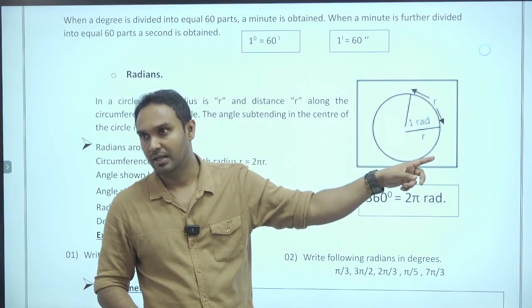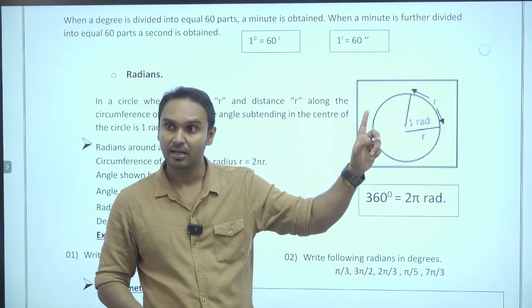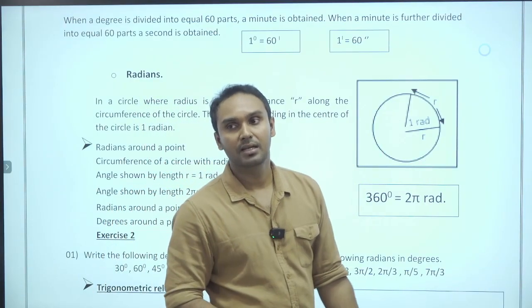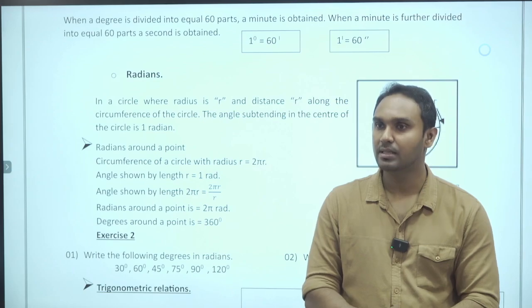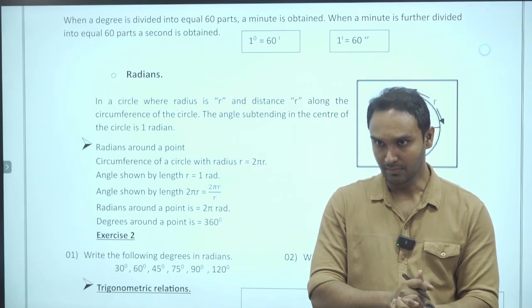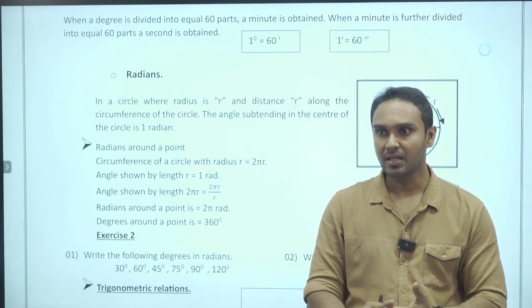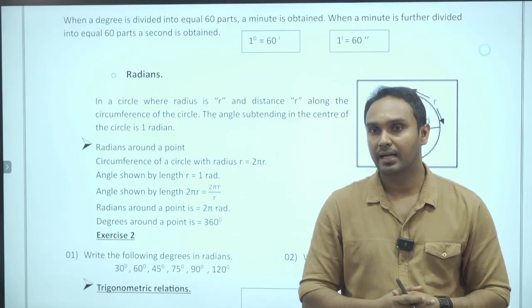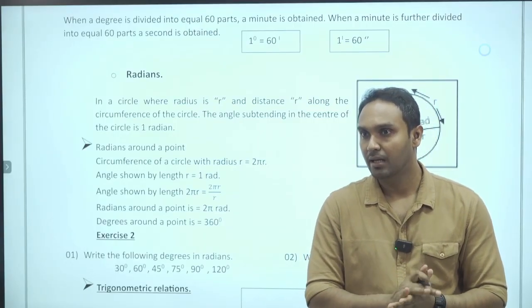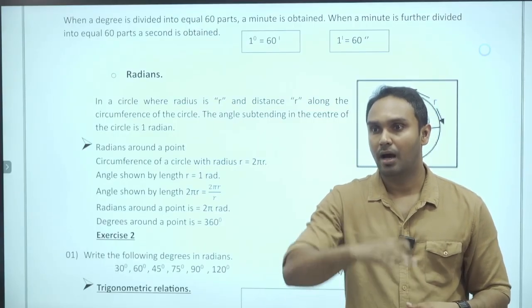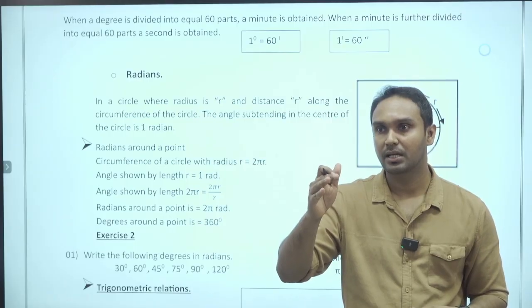R over R. So that will be 1 radian. So 1 radian is the angle made by the arc length equal to the radius.